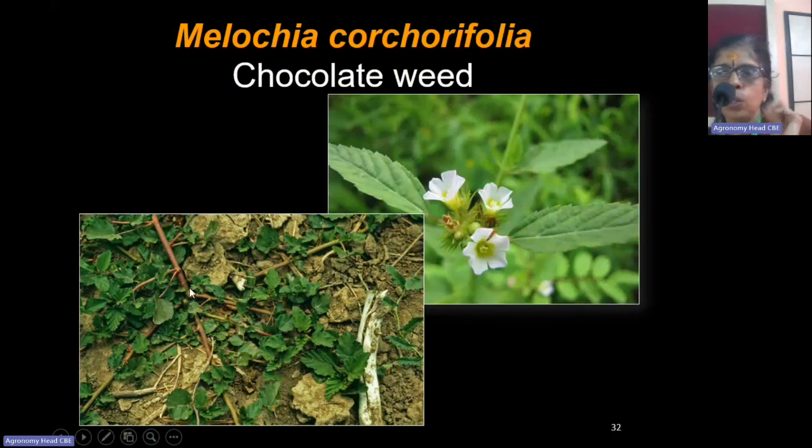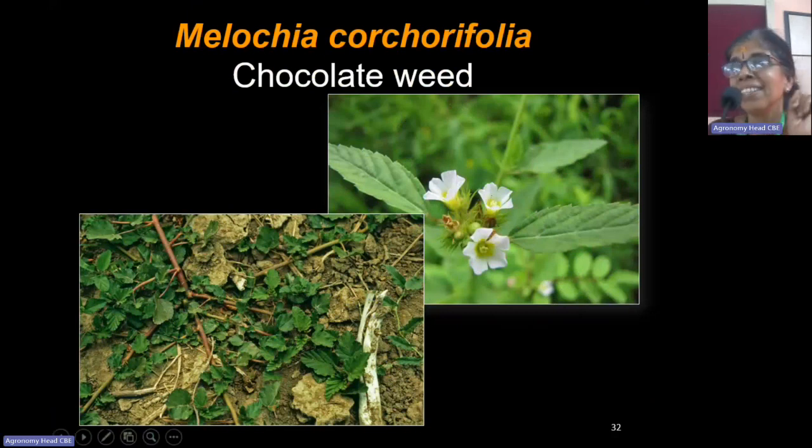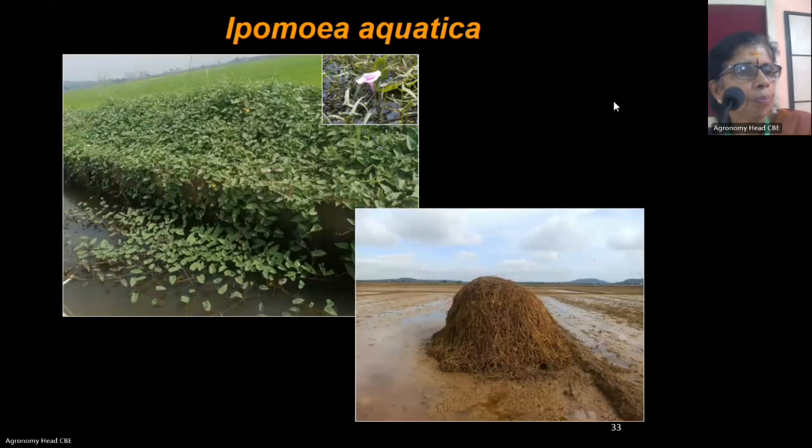So this Melochia also, in rice it is a problem where water management is not proper, because once established it can thrive under a standing water body. But for germination, standing water will prevent germination.